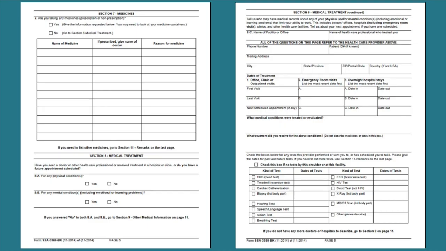And the reason that this page is very important, and there are several pages just like this. There are enough pages there for any clinic, any hospital, any person that you've been to see. This is the piece of information that Social Security Disability is going to use to gather your records, to review them carefully, to see what information is there to support or not support your claim of disability.